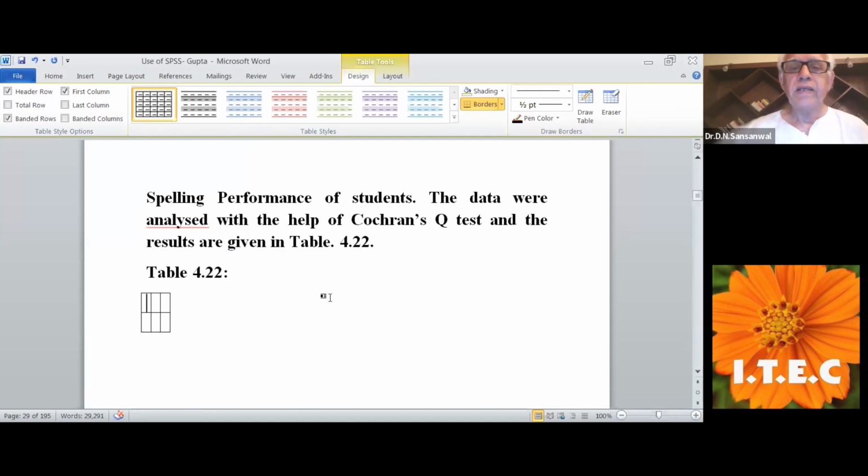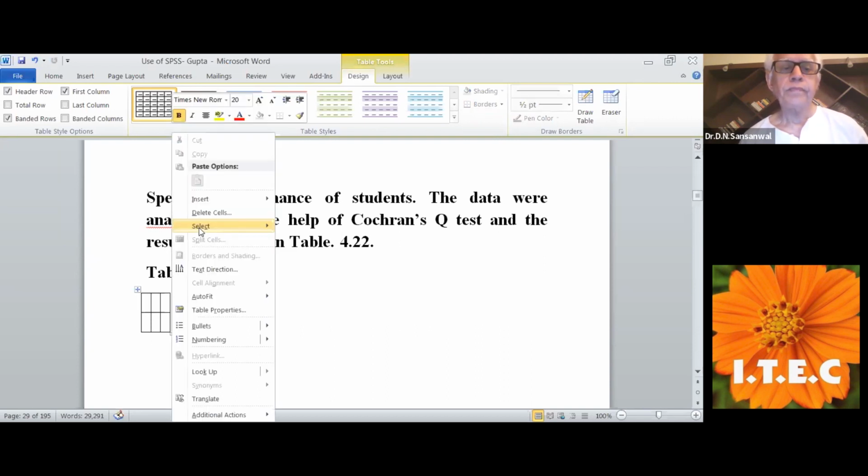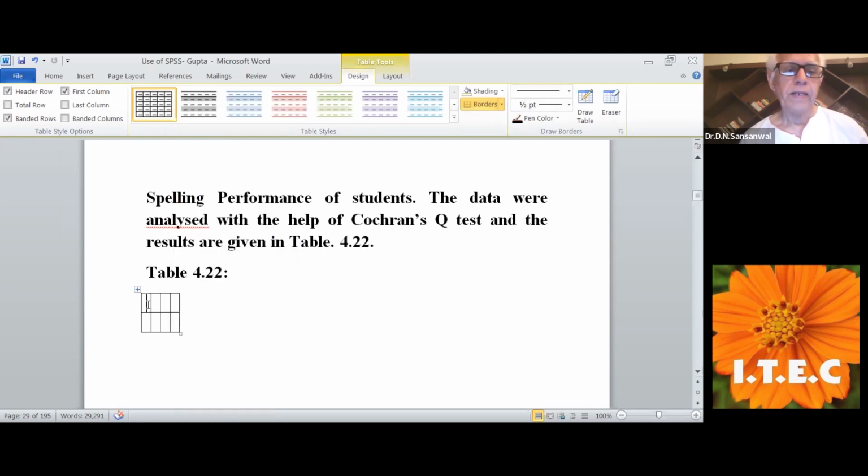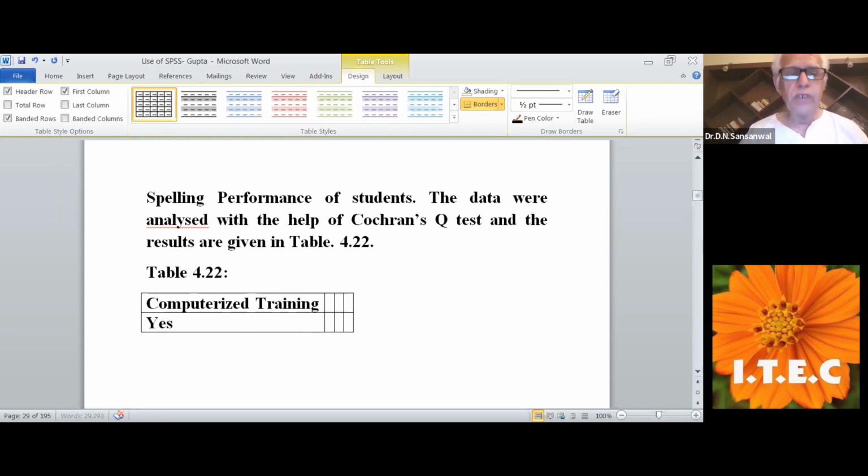So here, computerized training, here you say yes and then you say no, and then here it is performance, pass and fail.